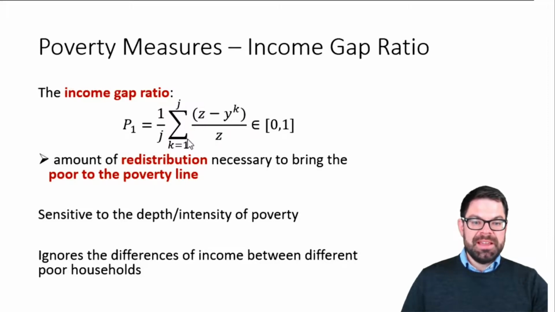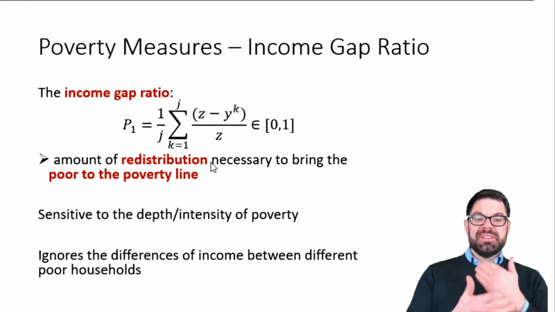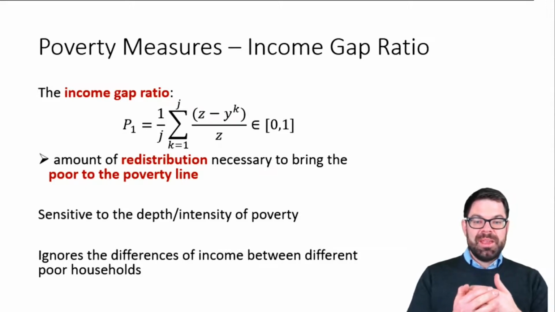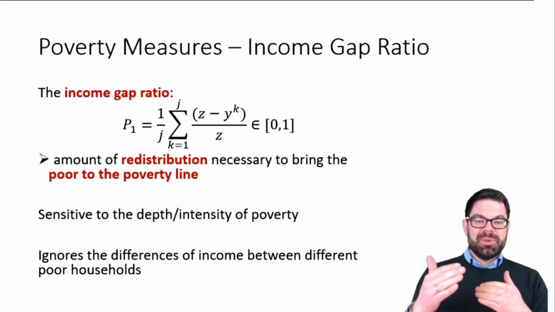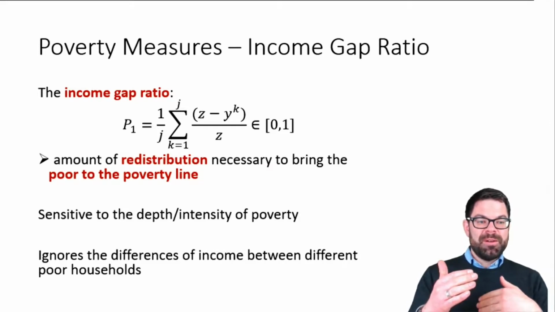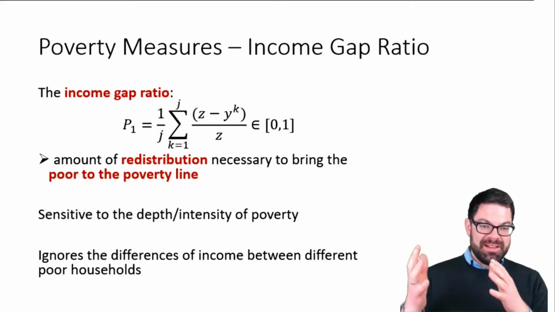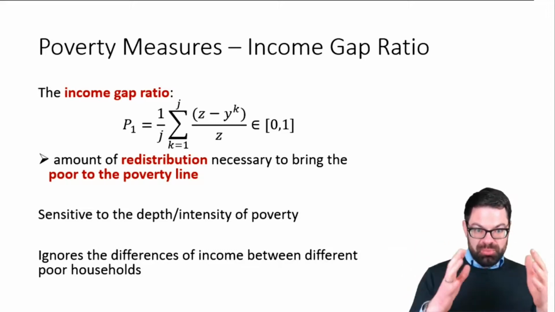And then you take the average of that across all the J people, right? So one person is very close to the poverty line, so their income may be 90% of the poverty line. Another person may be very far away from the poverty line, and then you simply add this up over all the people and take the average over all the poor people.